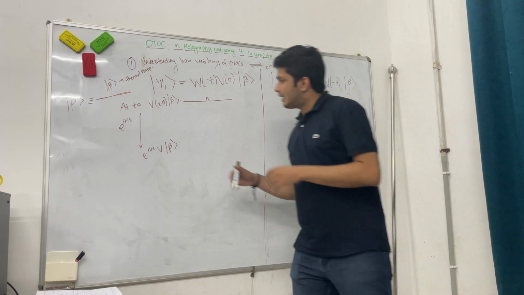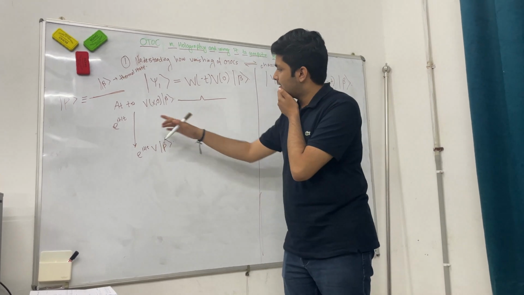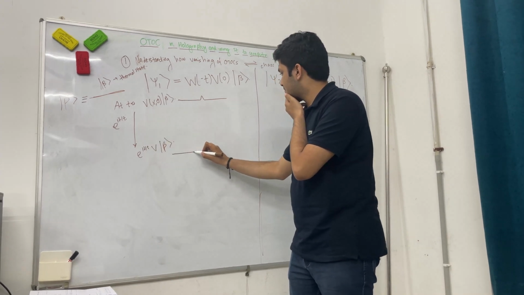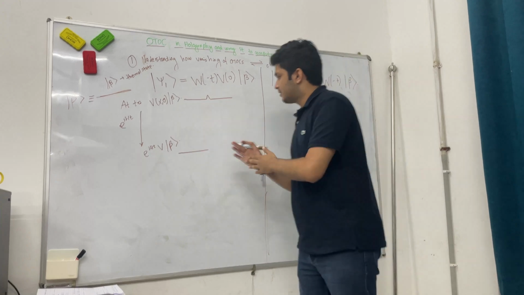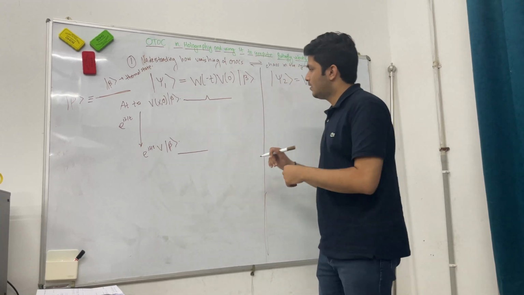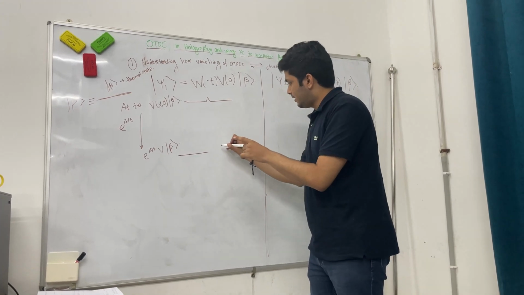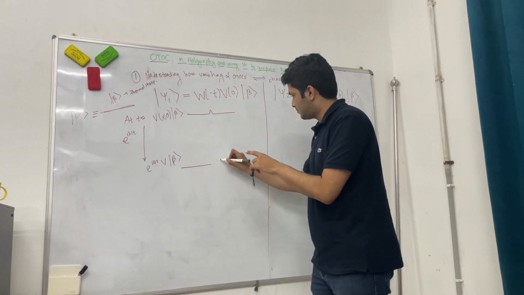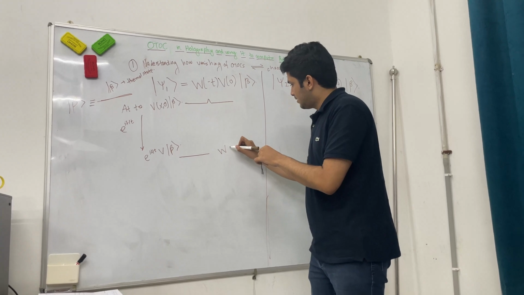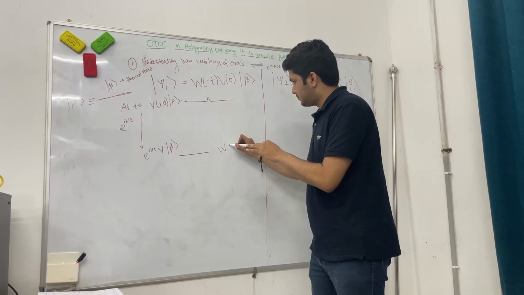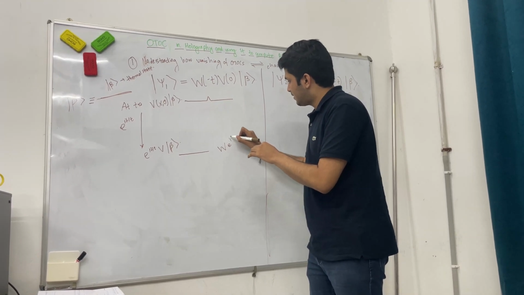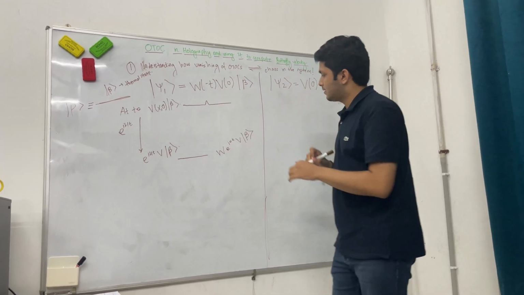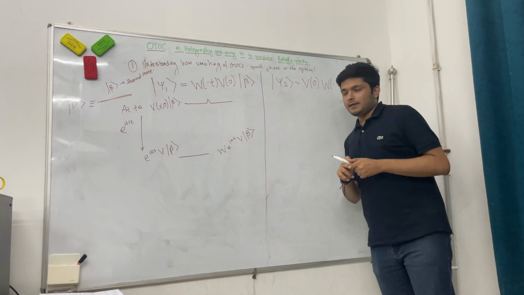Okay, so I backward evolve my state and give it enough time so it thermalizes again. I again represent this with a horizontal line. Now I act with my operator W, so W e to the power iHt, with beta.